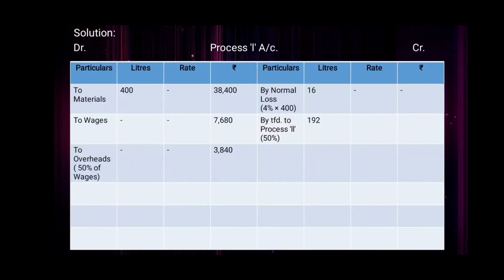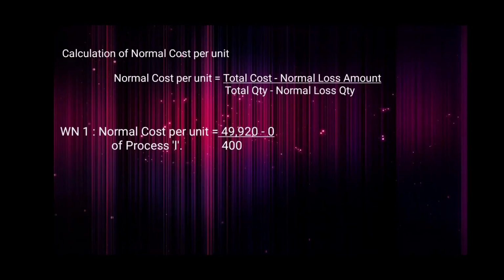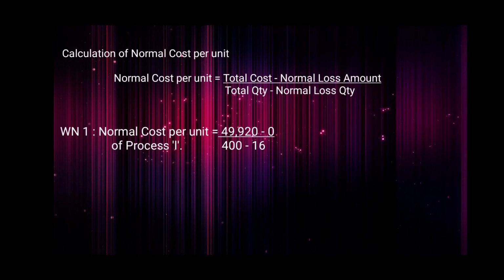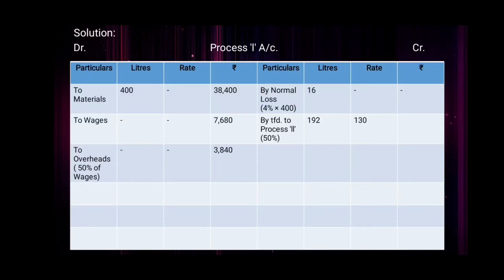So the total quantity is 400 minus normal loss quantity, which is 16 liters, which is equal to rupees 130 per unit. So we'll record the rate 130. Total amount will be 24,960.